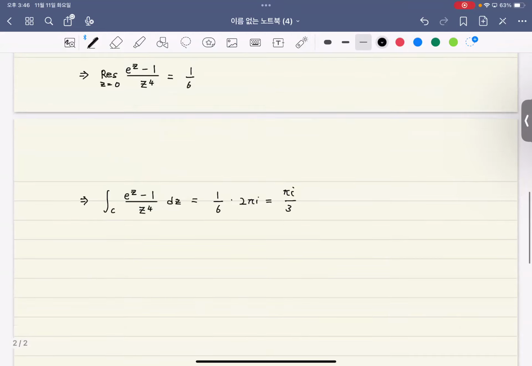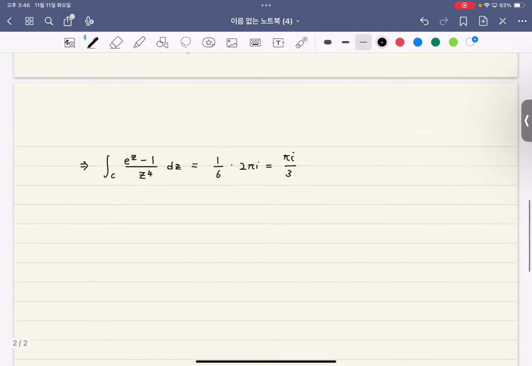Okay, just a couple more exercises. This time, I have two different singularities, and C is a circle of radius 1, centered at 2, and as always, it is positively oriented.